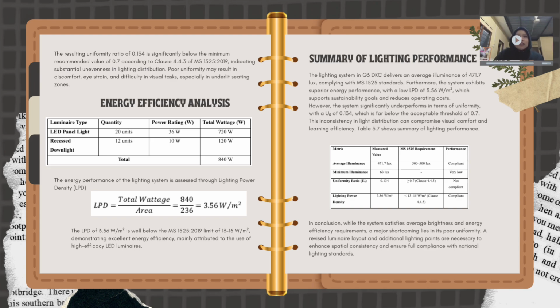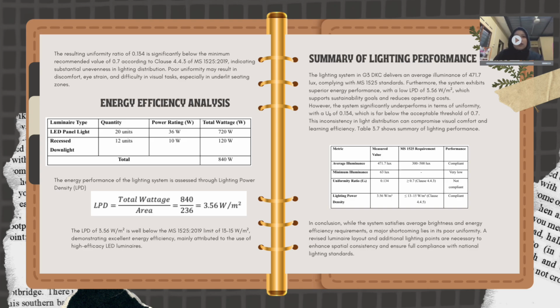However, the system significantly underperformed in terms of uniformity, with a ratio of 0.134, which is below the acceptable threshold of 0.7. This inconsistency in light distribution can compromise visual comfort and learning efficiency.